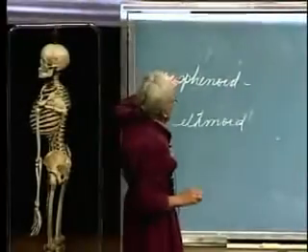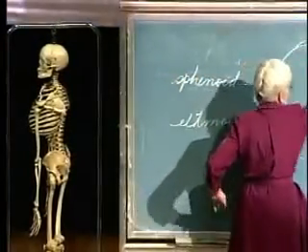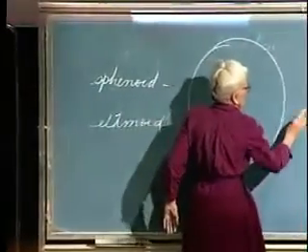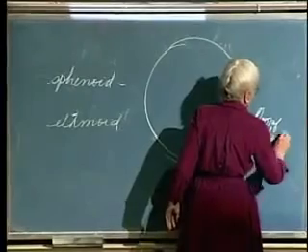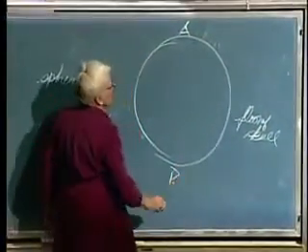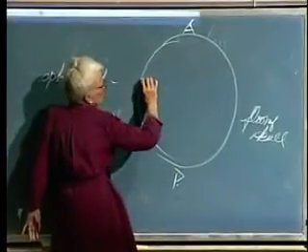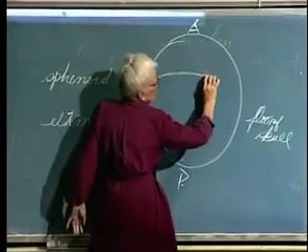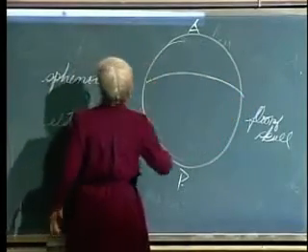Let's look, to start with, at the floor of the skull. This will be anterior, this will be posterior. So we said that the anterior cranial fossa was going to be our frontal bone. So we'll have frontal bone in here.